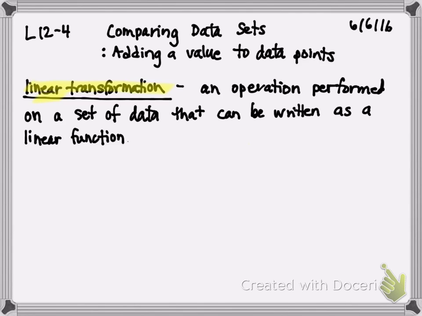What we're going to focus in on for us is adding something to our data. So today our focus is adding a value to the data. Tomorrow we're going to talk about multiplying something to the data, okay?